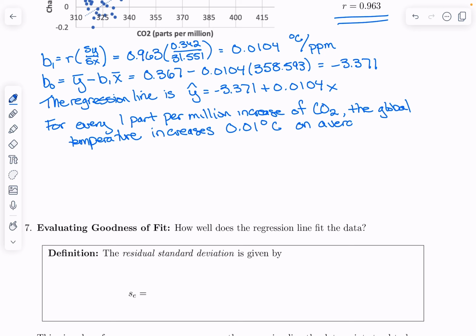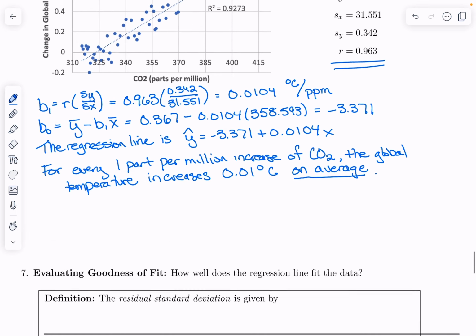And that's important, okay? That doesn't mean that if you increase the CO2, you're absolutely going to get a 0.01 degree increase. It's how much it's going to increase on average for every 1 part per million increase in CO2. Now, 0.01 degrees increase for every part per million doesn't sound all that great.